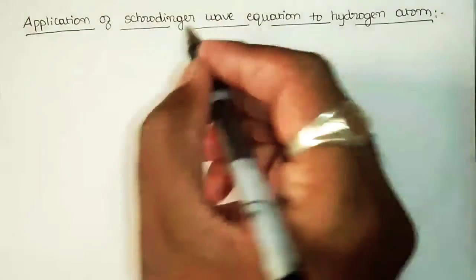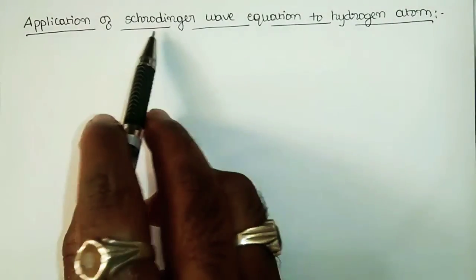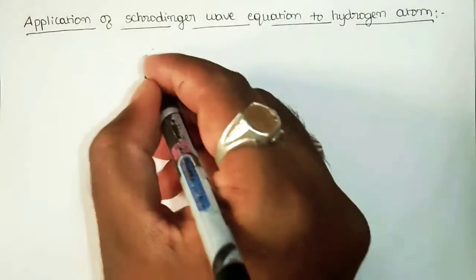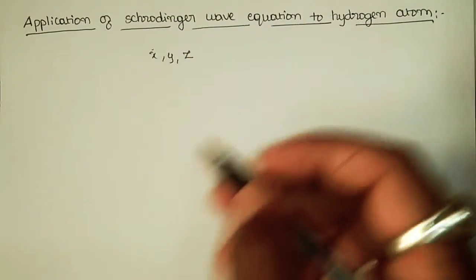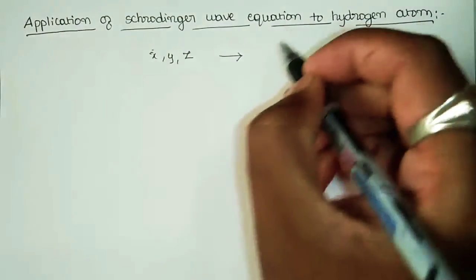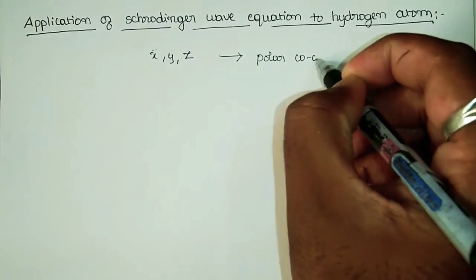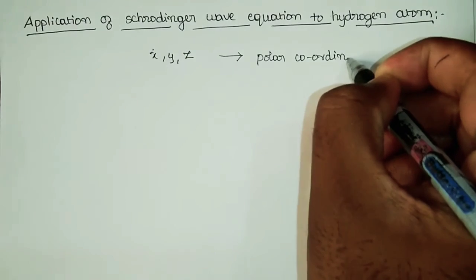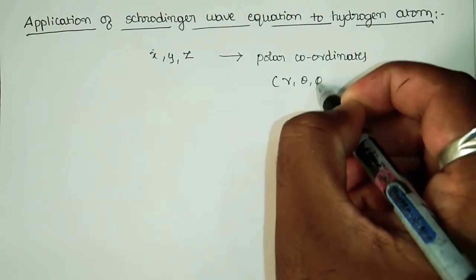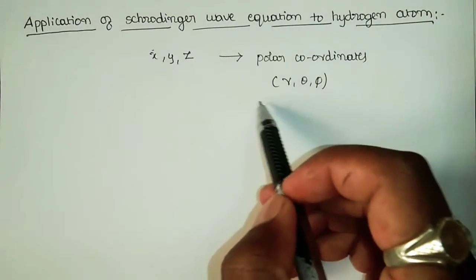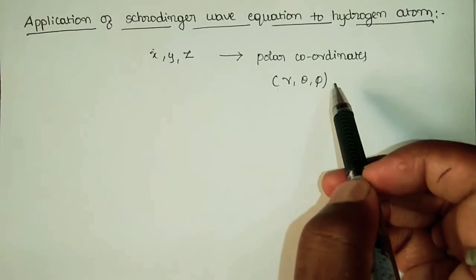That means we are supposed to change the Cartesian coordinates that are present in the Schrodinger wave equation, that is x, y, z. The Cartesian coordinates are supposed to be changed to the polar coordinates, what we also called as spherical coordinates, nothing but r, theta, phi. So where r is the radial function, theta and phi are angular functions, right?